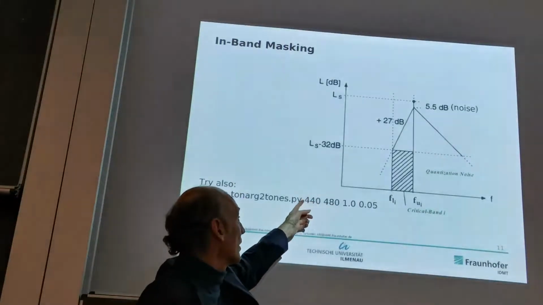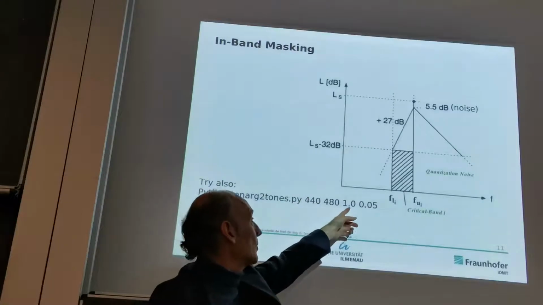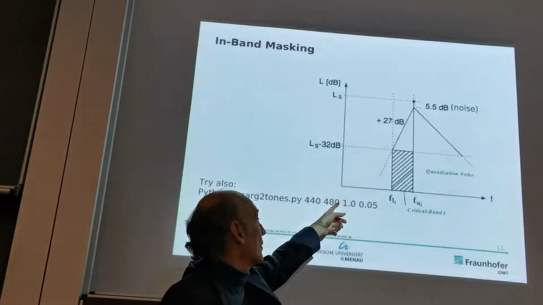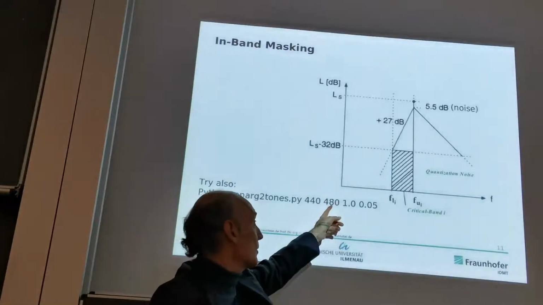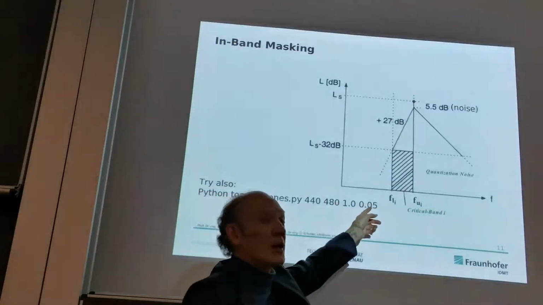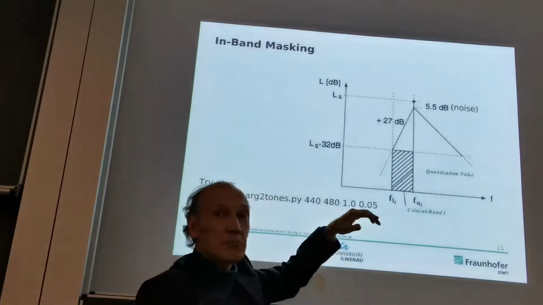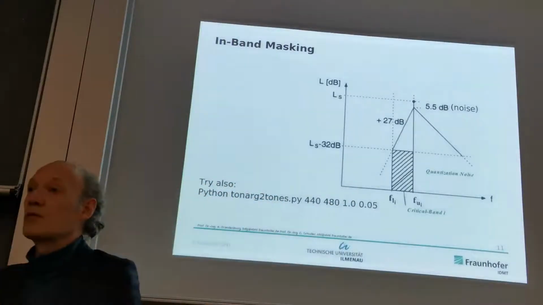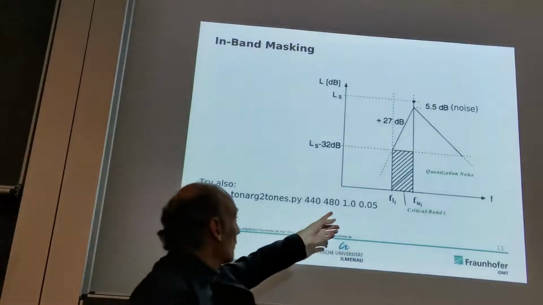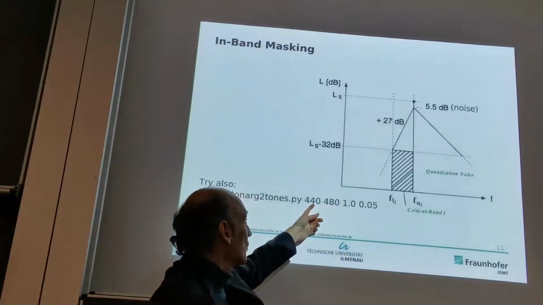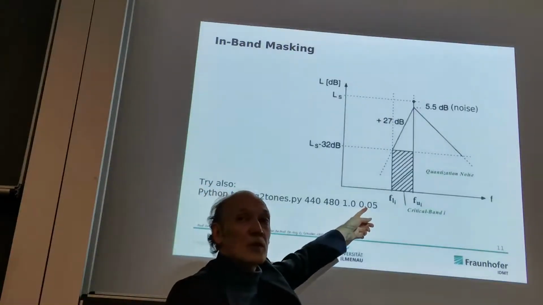So here we have a masker at 440 Hz with amplitude 1, and then we have a maskee here 40 Hz above, with amplitude 0.05, so much weaker. And you can try out at different frequency distances how high you can go before you can hear it. And you should notice the closer this frequency comes to this 440 Hz, the stronger you can make it before you can hear it.